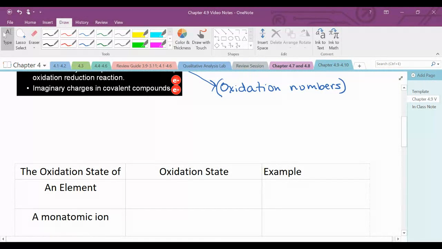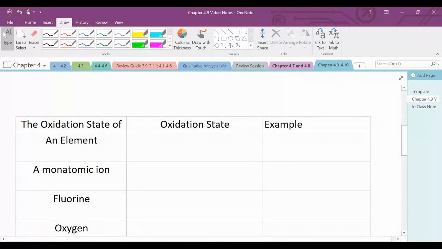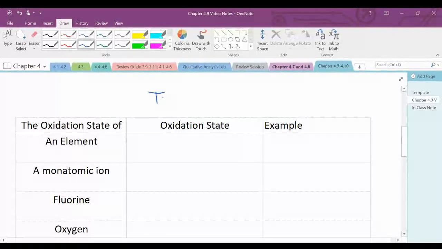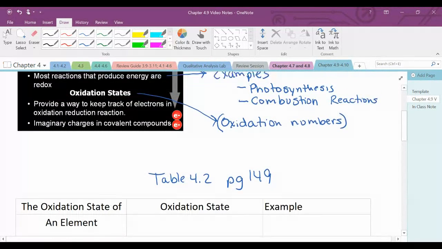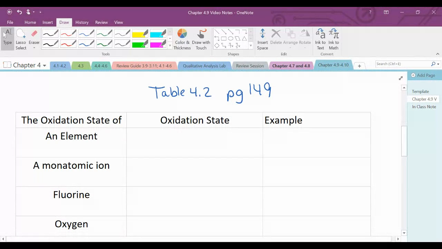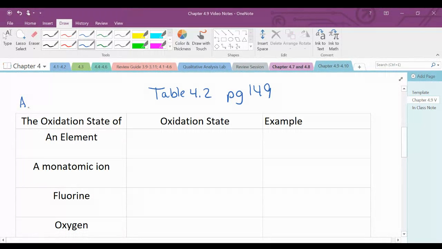I'm going to kind of rewrite it, but it's table 4.2 on page 149. And so this is going to go through how to assign oxidation states. Some rules you need to know.